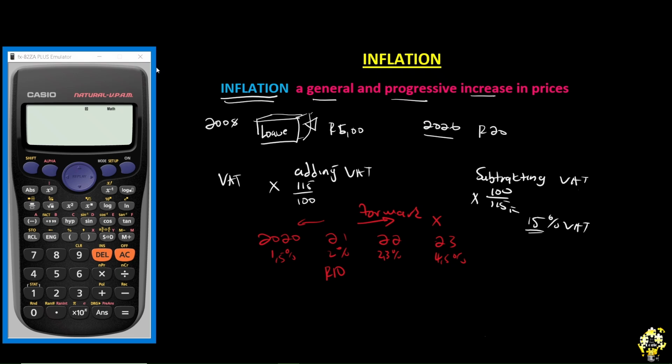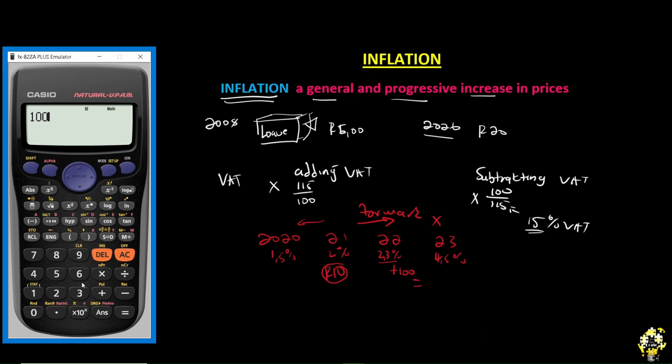So let's say this was the price in 2021. They want to know what the price will be in 2022. So what you are going to do is this. Because this is 2.3, you are going to add 100. Now, what are you going to have? Let's go to our calculator quickly and let's do what we always are supposed to do.